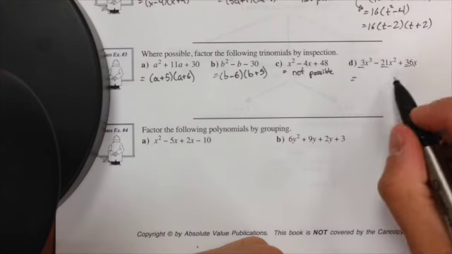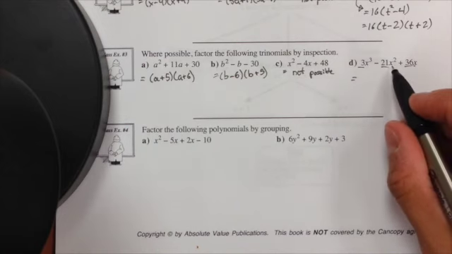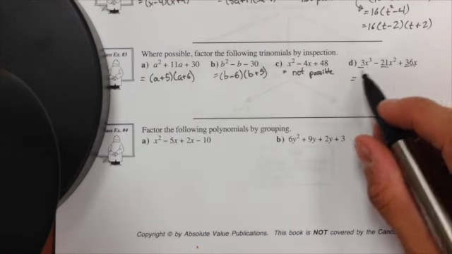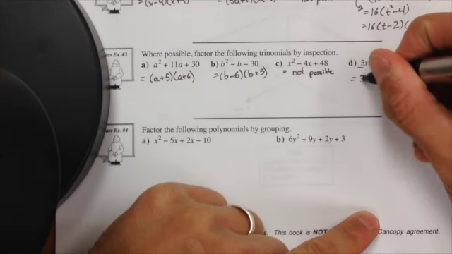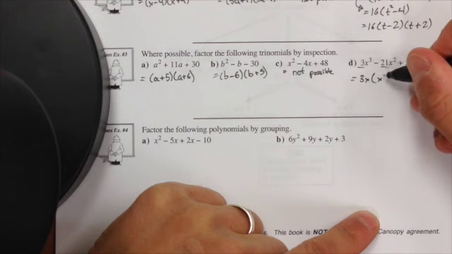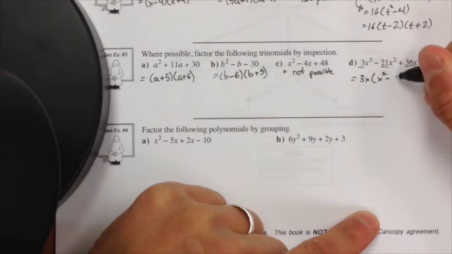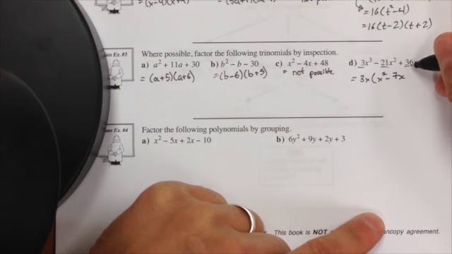I know it's 3x because 36x is divisible by 3x. X squared, that means I can have 2 x's, and that's 3 x's there. So there's certainly going to be 1 x in each of them. So 3x, if I take the 3x out of this first term, I'll be left with x squared. If I take the 3x out of this term, I'll be left with 7x. And then if I take the 3x out of this term, I'm just going to be left with 12.